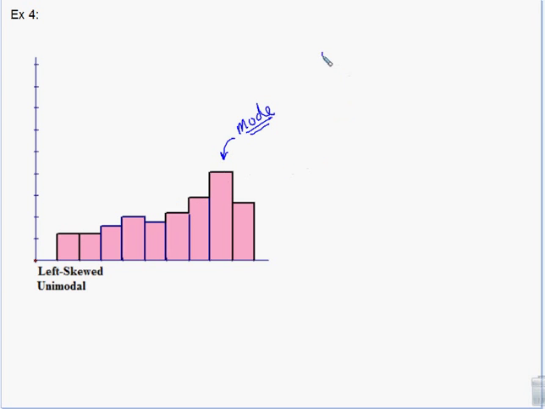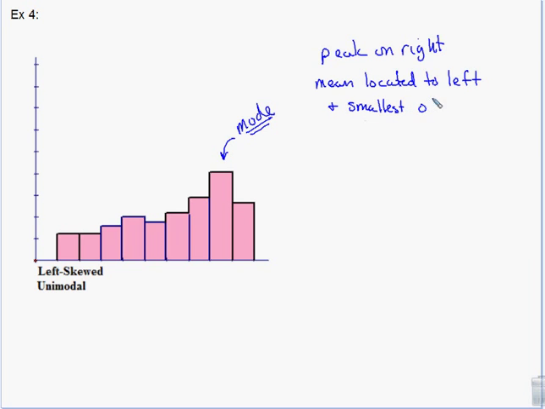Okay, so here we have the peak is on the right. So again, opposite of the name. The mean in this case will be located to the left and is the smallest of the mean, median, and mode. So when it's right skewed, the mean is largest.